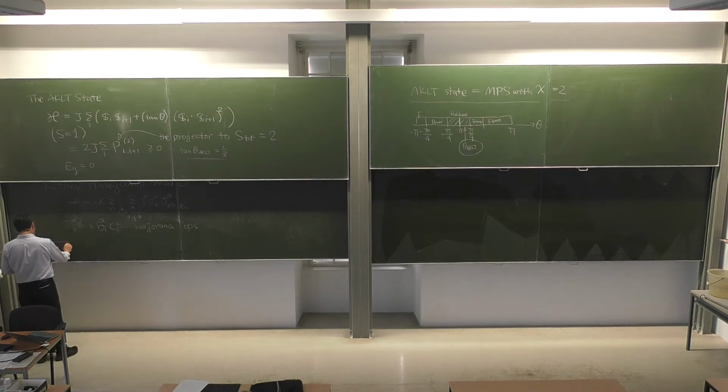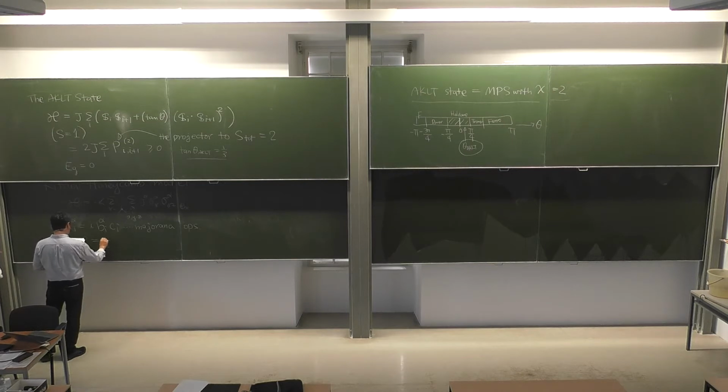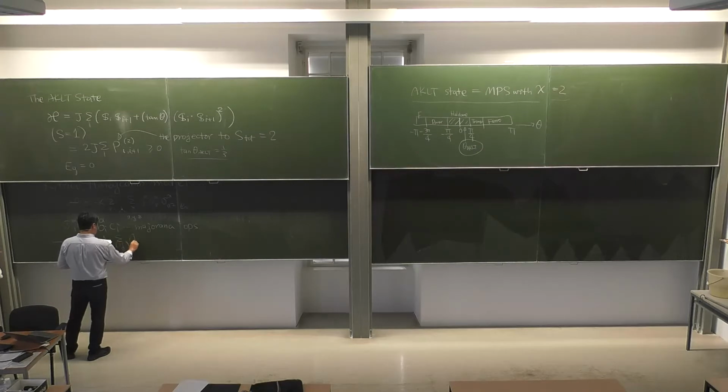As a result, the Hamiltonian can be mapped to a free fermion system like this.